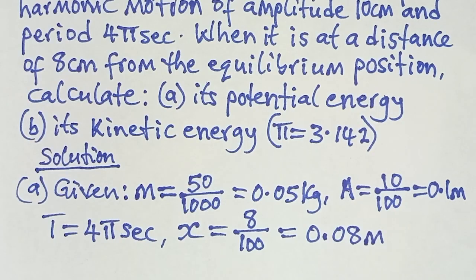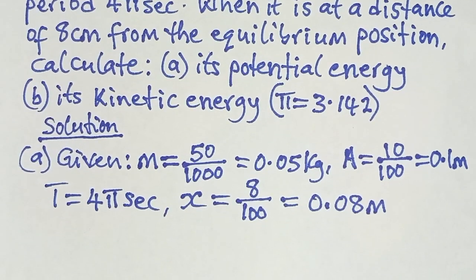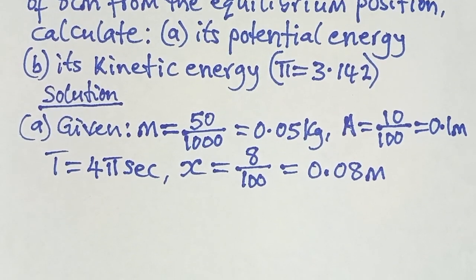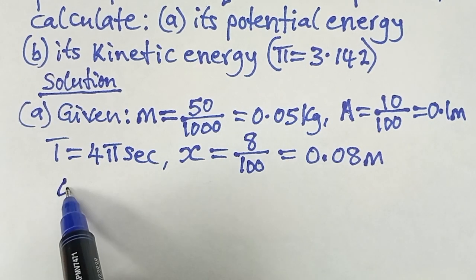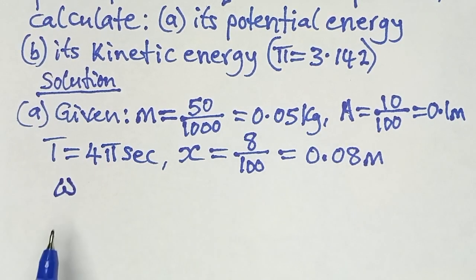Now that we have listed the parameters that we need, we can go ahead and apply the formula for potential energy. But before we apply that formula, it is very important that we calculate the angular velocity, which is represented as omega.